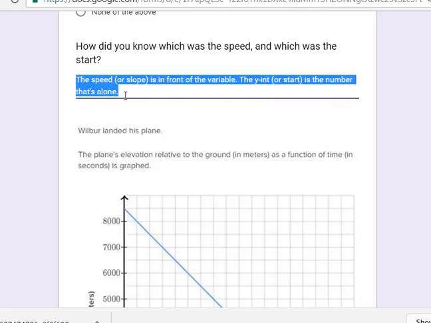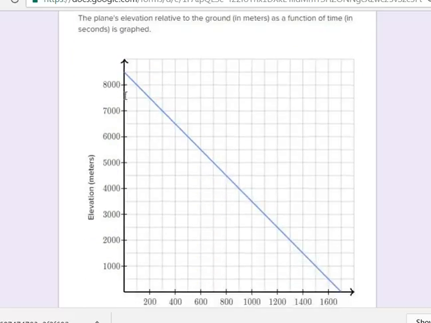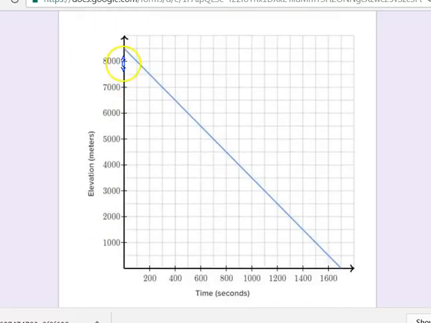That's in an equation. In a graph, like Wilbur landing his plane, the start, or y-intercept, or initial value is 8,500. It's the y-intercept. So the initial elevation is 8,500. Then Wilbur flies his plane down and lands it over here at 1,700 seconds. In order to find the slope, I divide those two numbers.